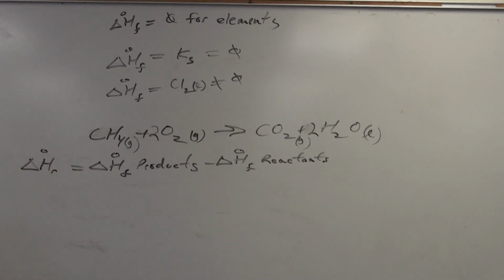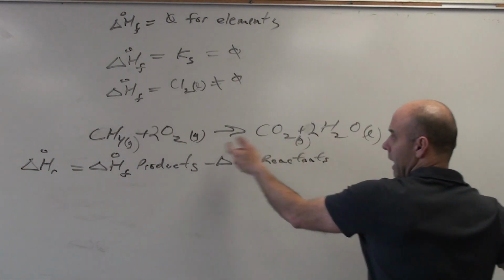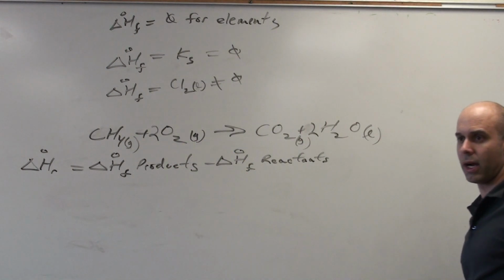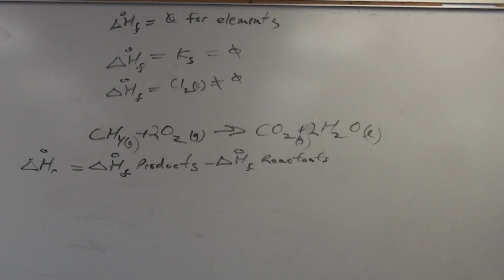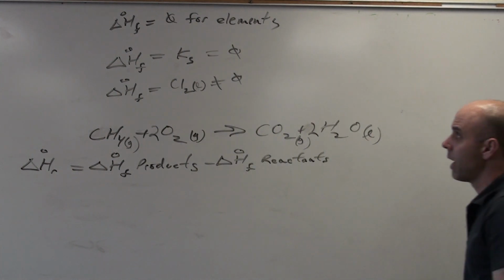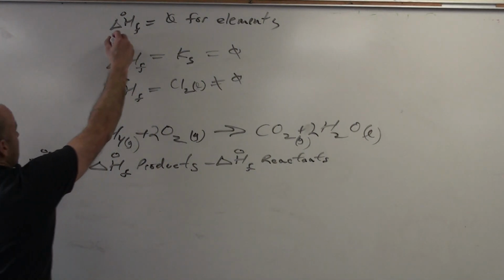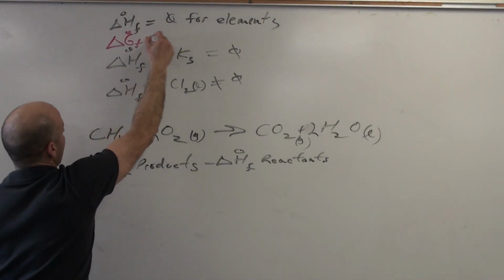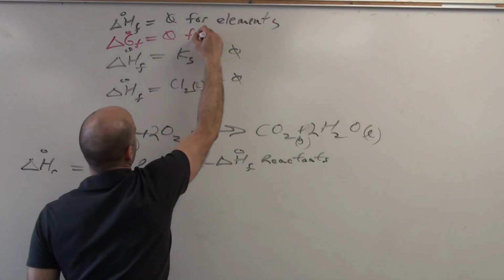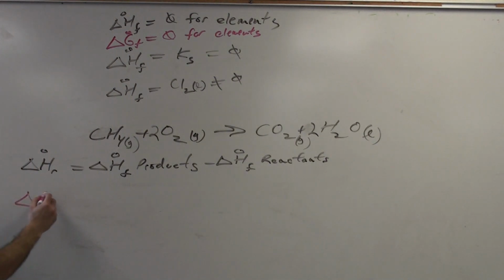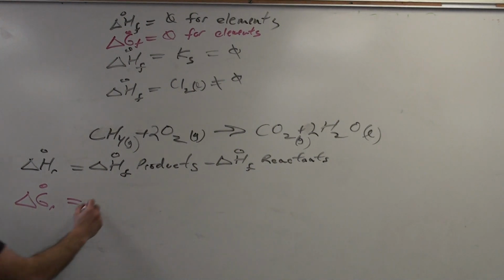That's one of the problems they'll do: they'll give you these 3 values in the chart, but not oxygen. But you know the value of delta H for oxygen, you know it's 0, because it's the element in its most common state. And it's basically the same thing for delta G. We would say the delta G of formation of elements is 0 as well. So if you want to find the amount of free energy given off by a reaction, you would do the same thing.